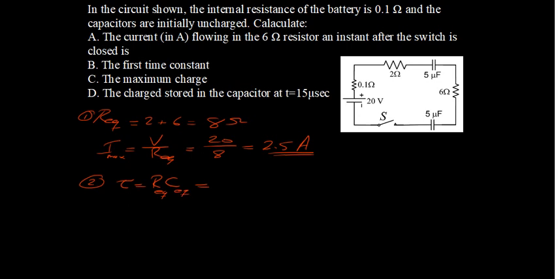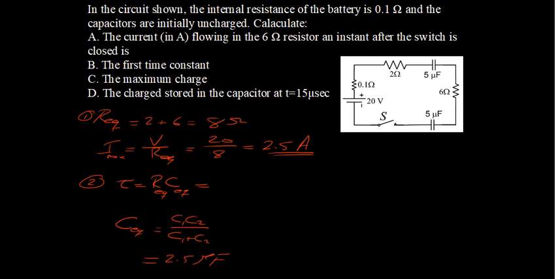These two capacitors are connected in series, so we can do that here on the side. C equivalent will be C1 times C2 over C1 plus C2. Quickly, we have 5, so that will give us 2.5 microfarad.